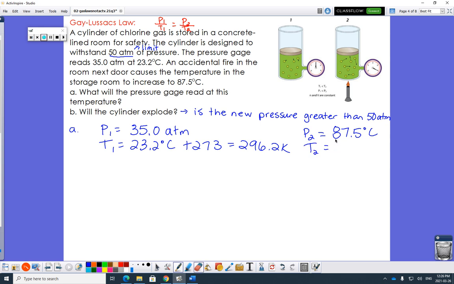Oops. Sorry, temperature 2, which is 360 Kelvin. That's quite a big jump, but we're not going to guess. We want to be quantitative. So we're going to quantitatively figure out what our new pressure is, and then we're going to see, is it greater or less than 50, okay?